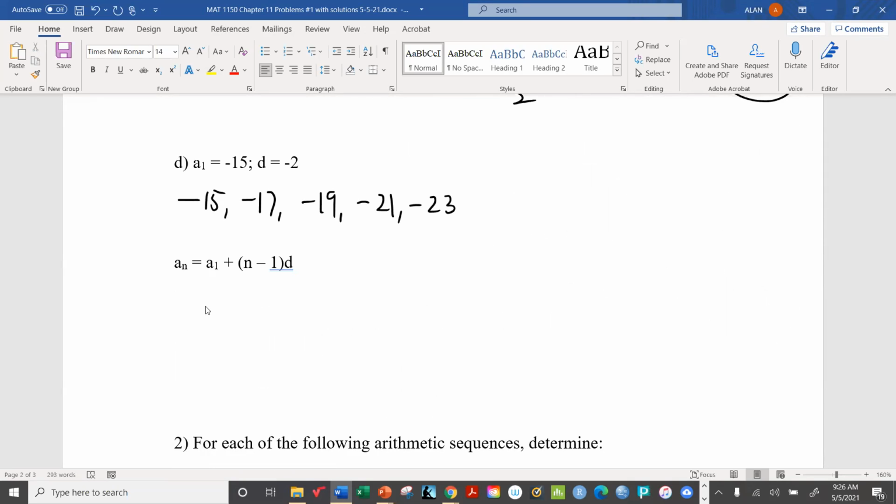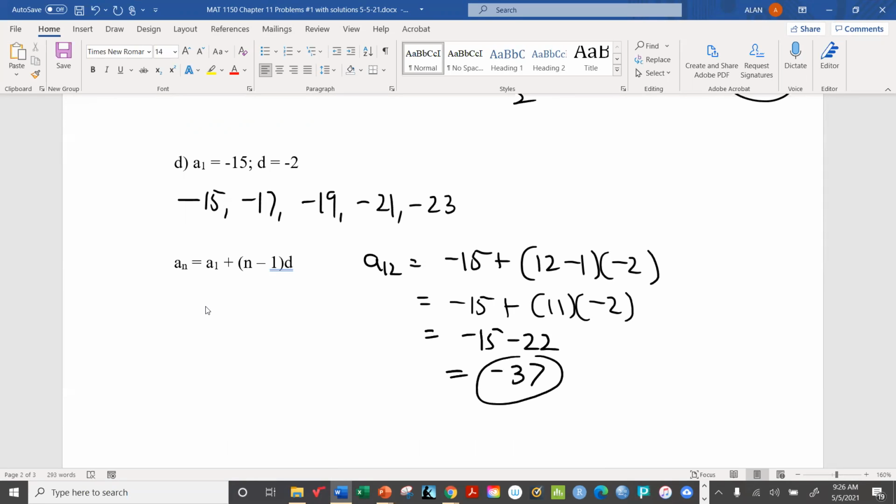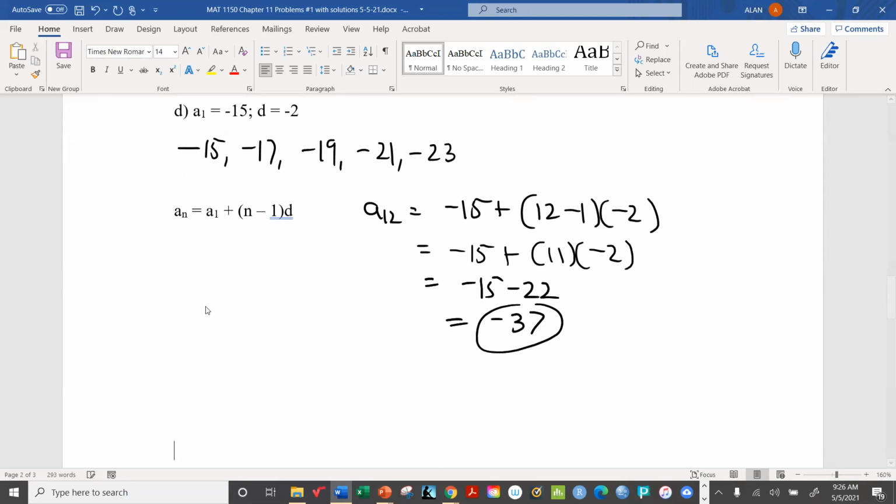Okay, so A12 is -15 plus 12 times 1 times -2. And that's -37.